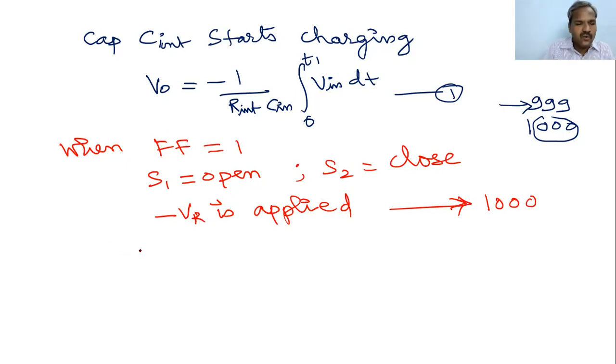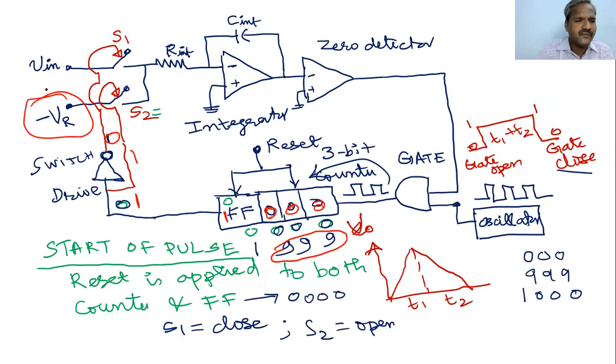During the V in phase, the integrator is integrating positive for a duration of T1. Now the integrator starts deintegrating for the fixed time T2.